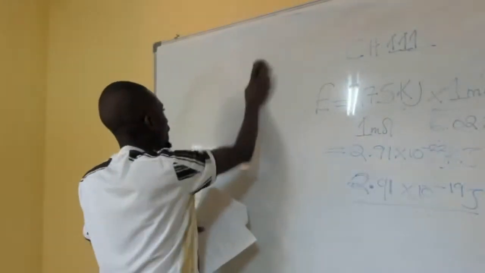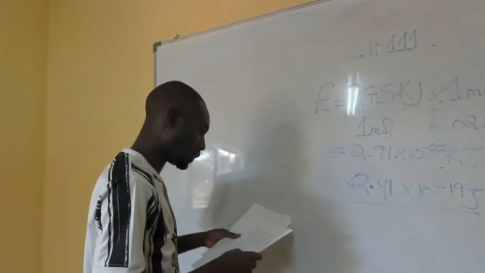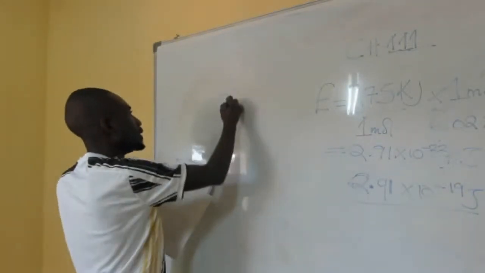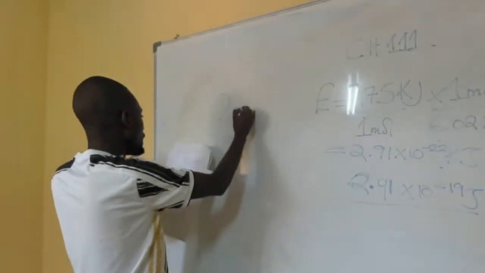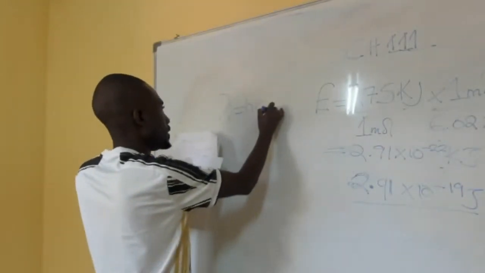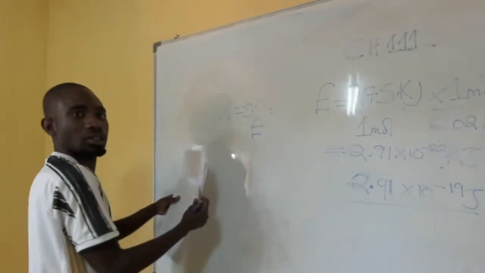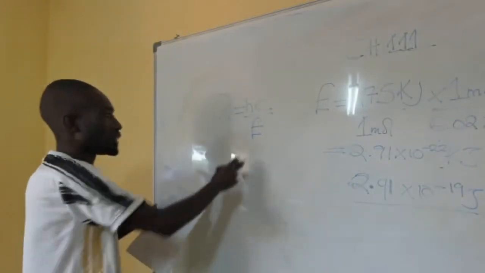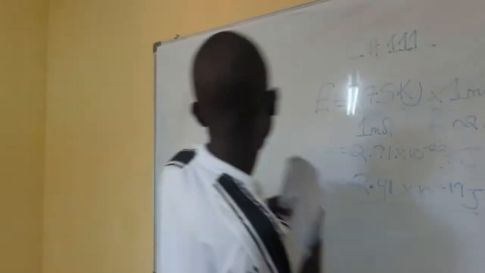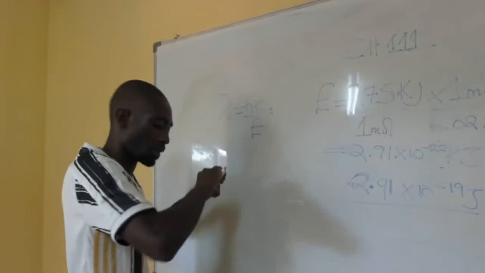wavelength. As you all know, the formula is lambda equals hc over E, where h is the Planck's constant, c is the speed of light, and E is the energy that you have found now. Let me switch to the other marker.